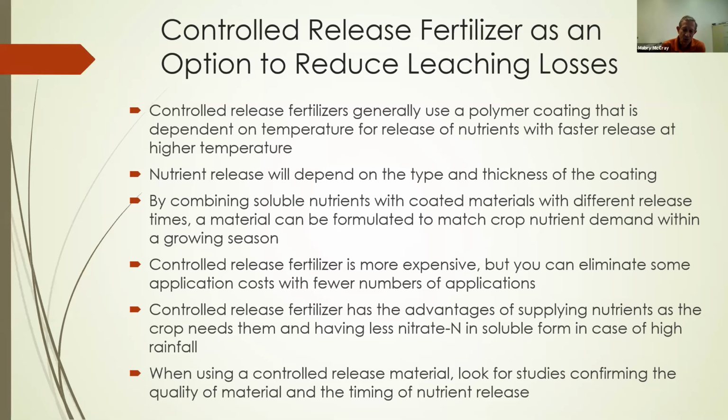And when using a control release material, it's important to look at studies confirming the quality of the material and the timing of the nutrient release. There can be a lot of differences in quality, and it's really important to pay attention and look for studies that show the quality of the material and the release times that you're buying.